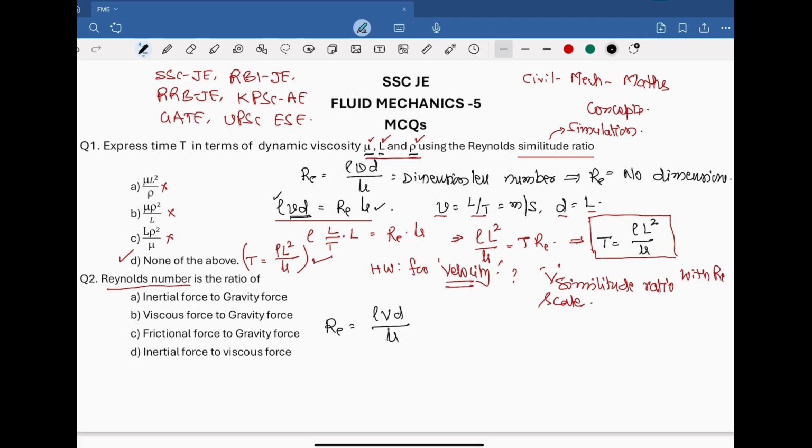That means you should know each and every item here. What is inertial force? What is gravity force? What is frictional force? What is the viscous force? Until and unless you know these force ratios, the force values, as a hint, I will give you.